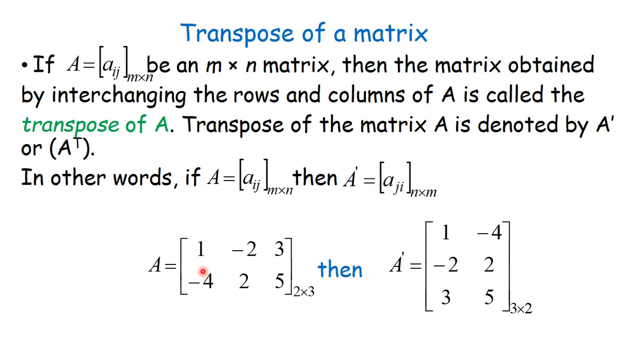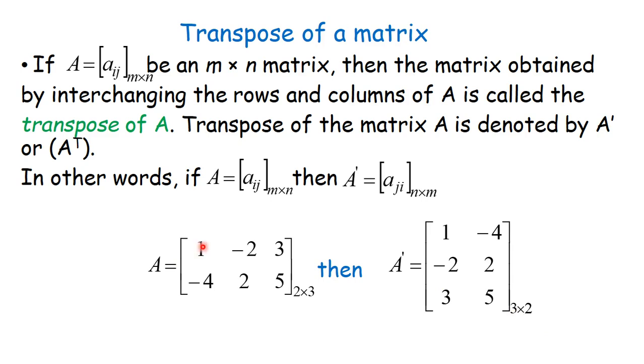Okay, see here. Suppose a matrix A is given of order 2 by 3 and the transpose of this matrix A is obtained by interchanging these rows into columns and columns into rows. Means A is of order 2 by 3, then A dash, that is transpose, will be of order 3 by 2.